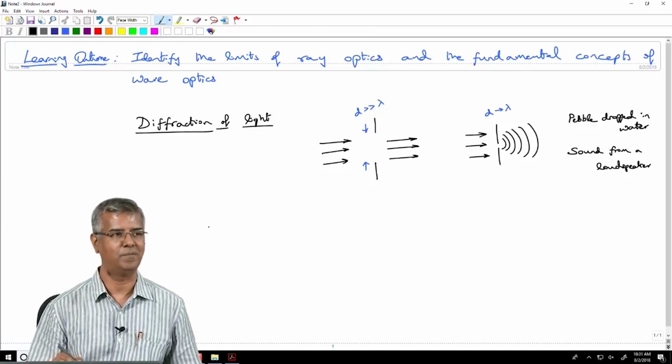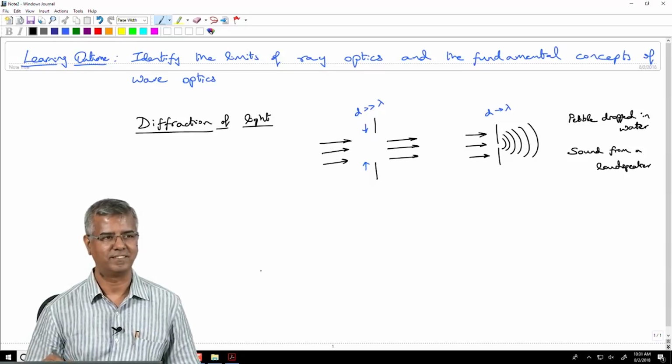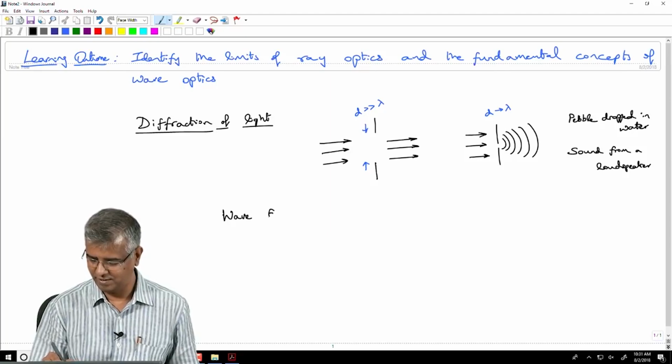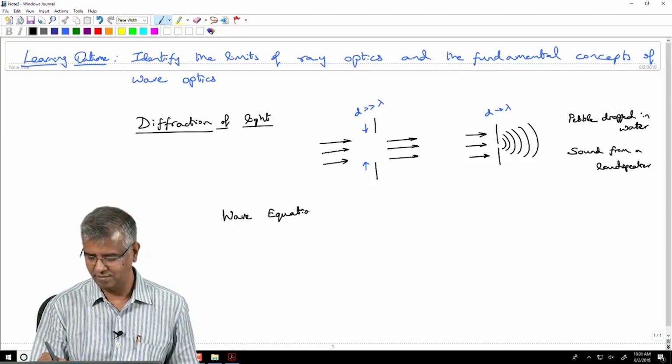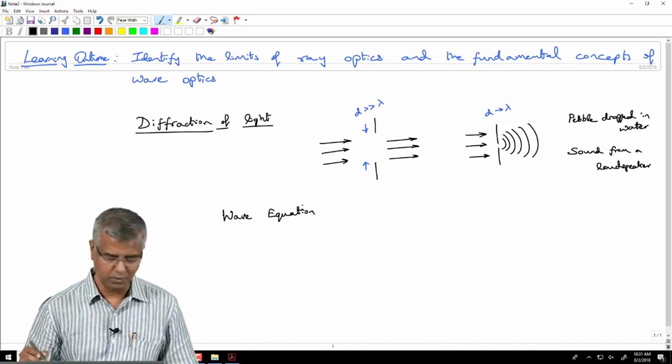Where would you start any formal problem which is dealing with waves, propagation of waves? The wave equation, right. So, what does the wave equation tell you?